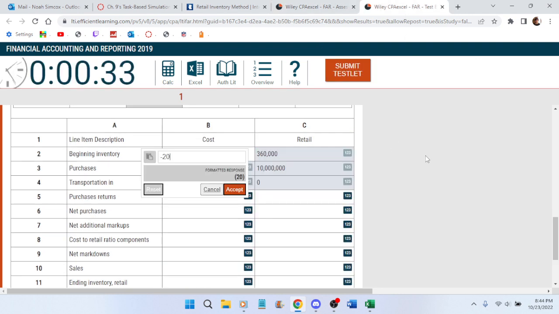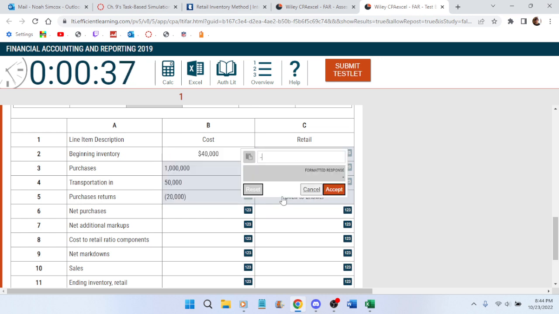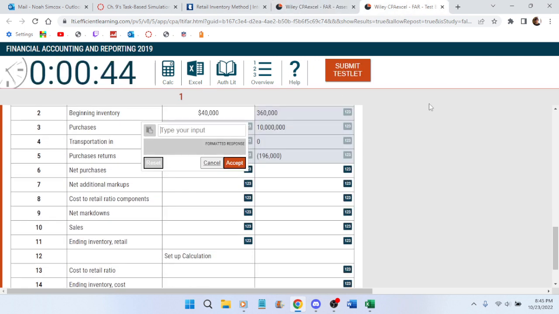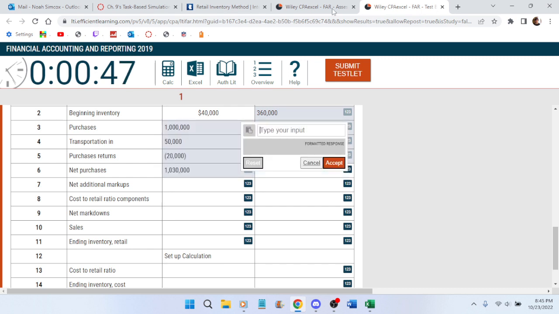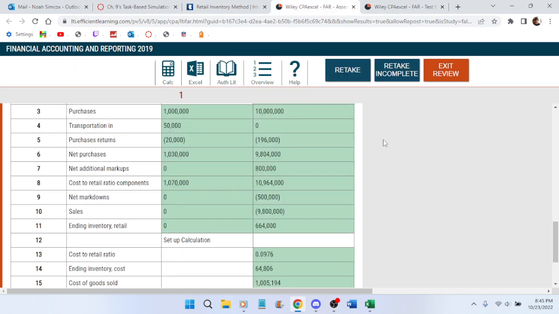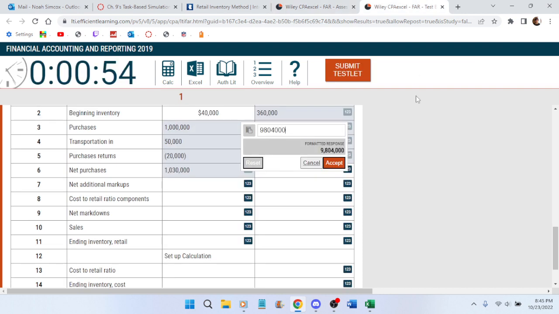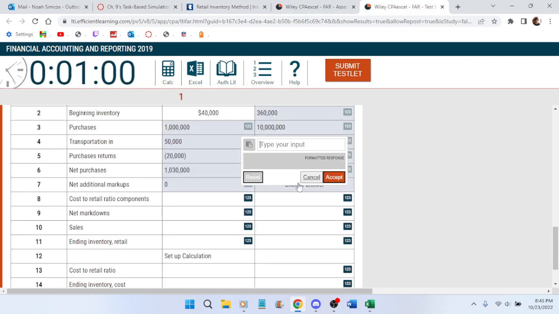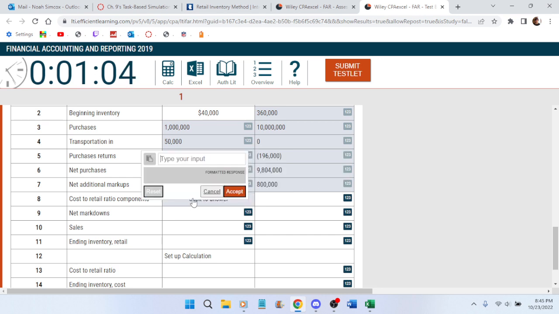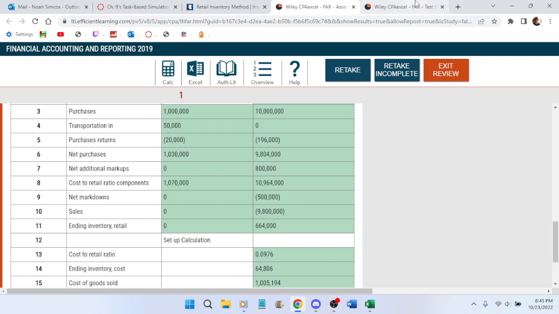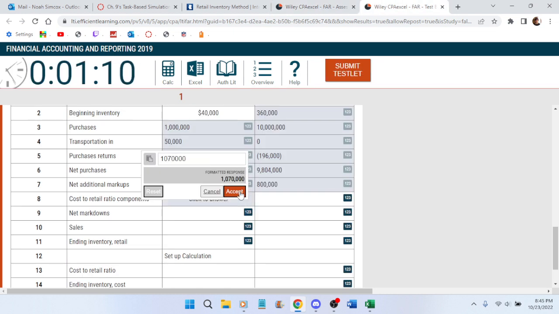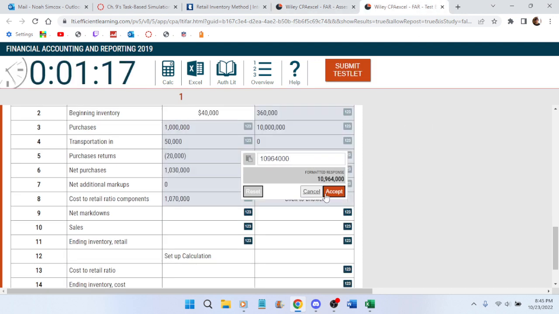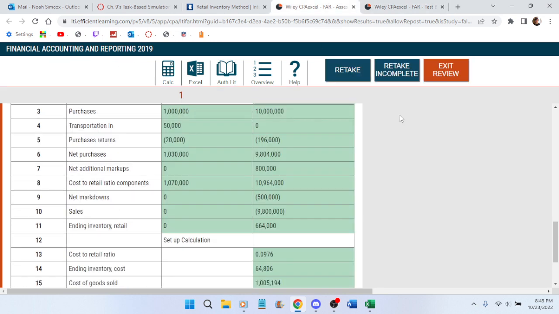Negative 196,000. $130,000. $9,804. $800,000. $170,000. $10,964. $500,000.